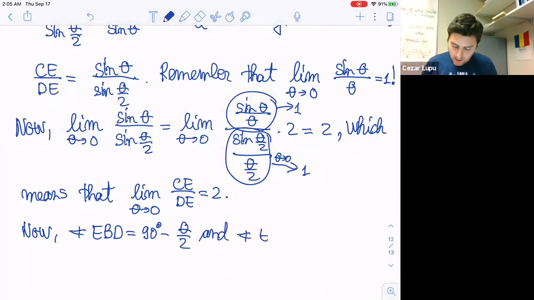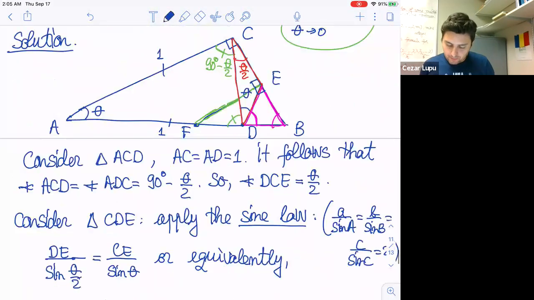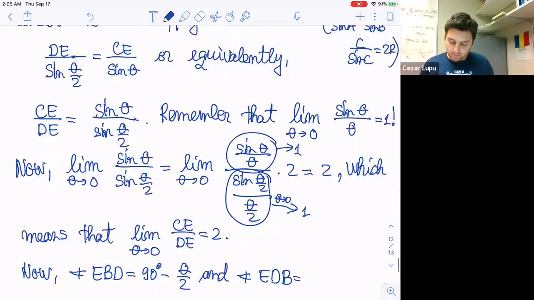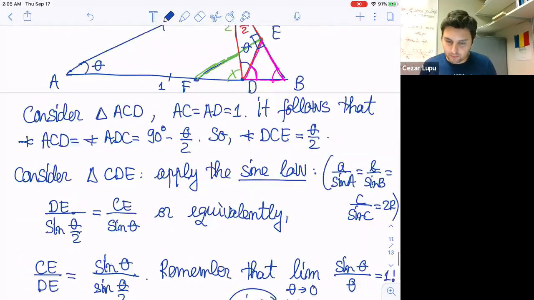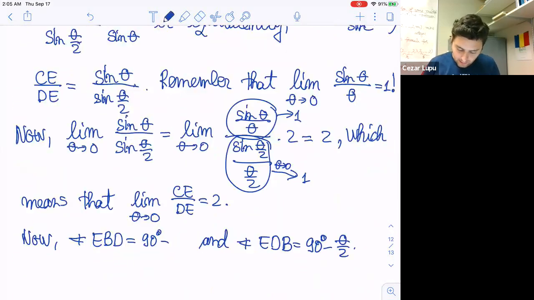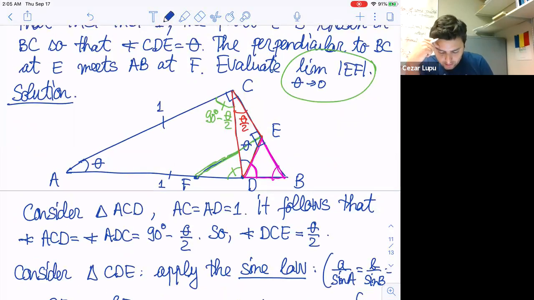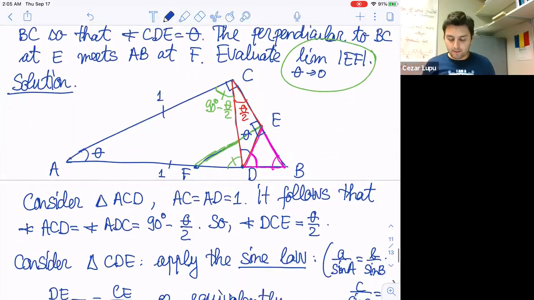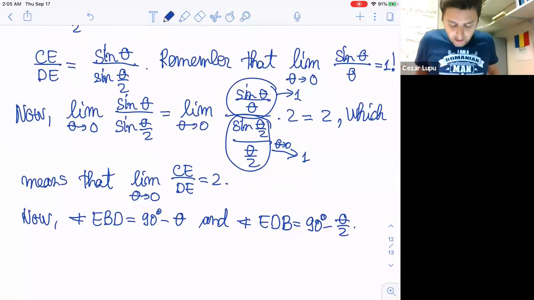The angle EDB will be the same, 90 degrees minus theta over 2. Actually, I have made a mistake here. This is 90 minus theta. Let me look. So it's 90, okay, that's theta. Yeah, it's 90 minus theta. Now we got the picture right. So the angle EBD is 90 degrees minus theta, and EDB is 90 degrees minus theta over 2.